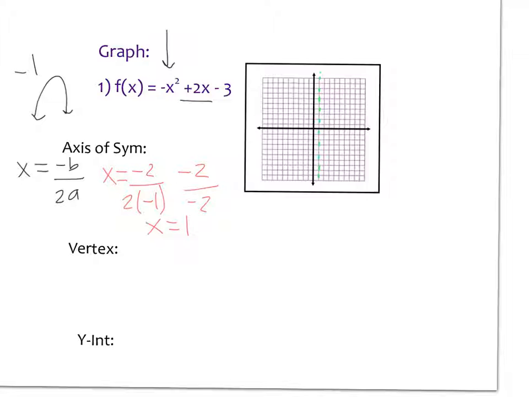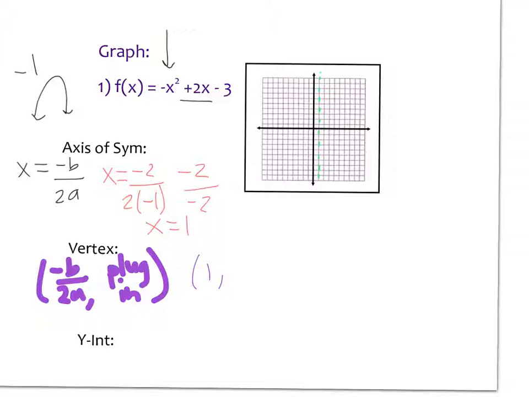Okay, now to find the vertex, again, this is opposite of b over 2a, and then to find the y-coordinate, I need to plug that in. So here I go. If I look at my equation here, I know that actually the x-coordinate of my vertex is 1. So now I'm going to plug 1 into my original equation here and solve for y.